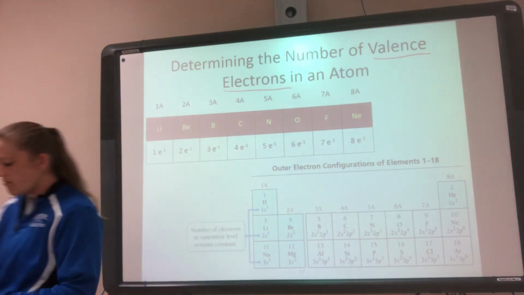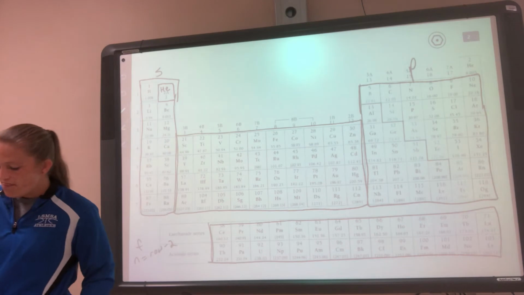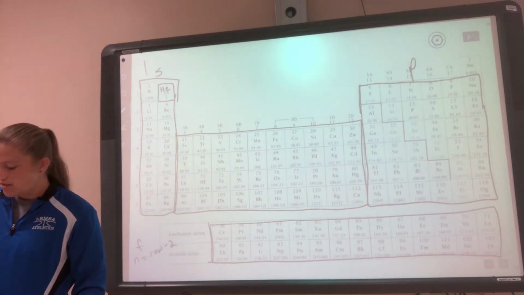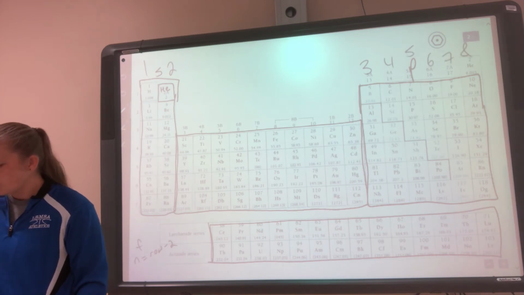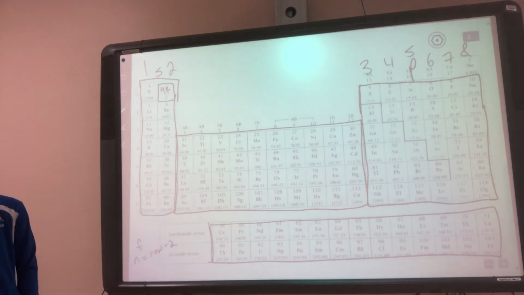So on a periodic table, these have 1 valence, 2, 3, 4, 5, 6, 7, and 8. The column number on the periodic table will tell me how many valence electrons I have. Okay? But that's only if it's a main group element.